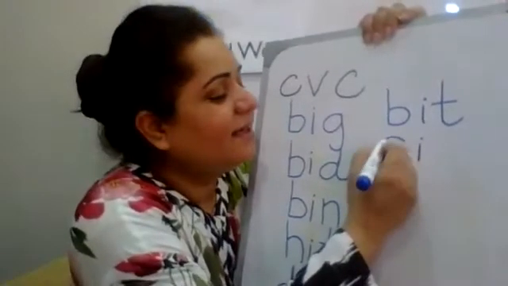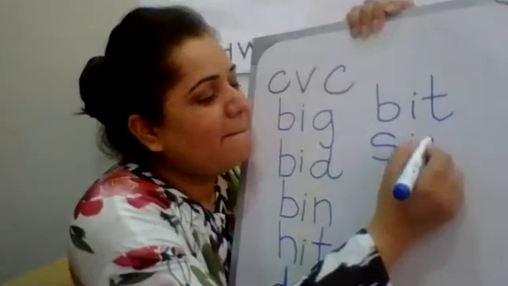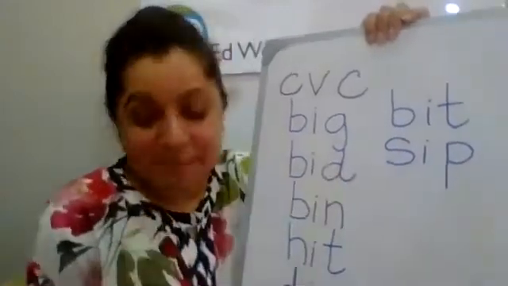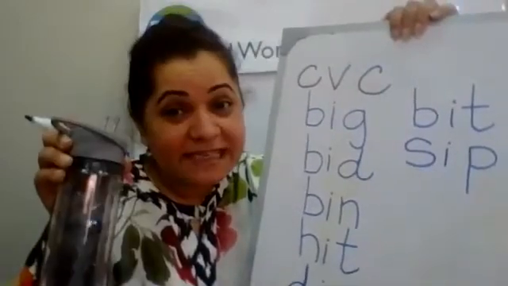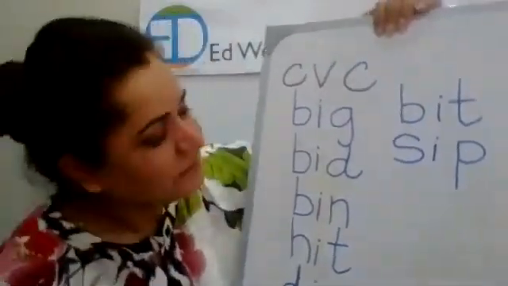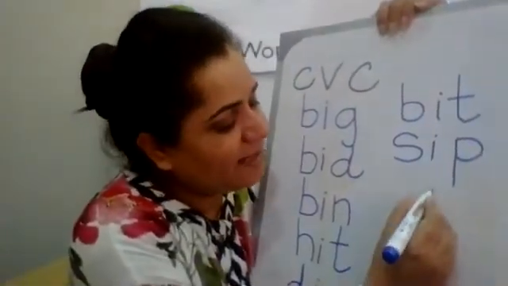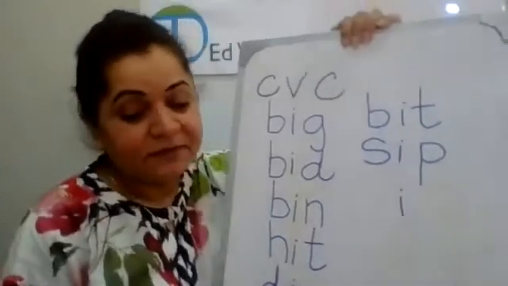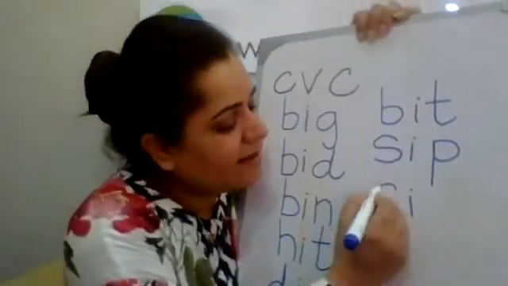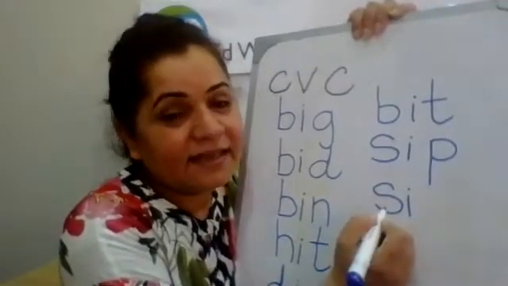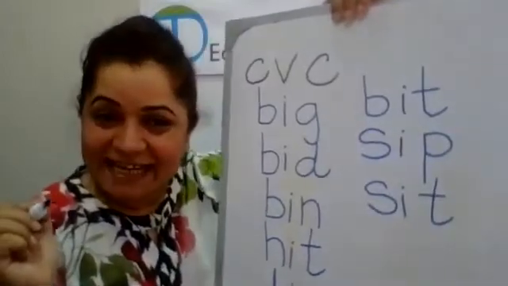Shall I make? S, I, P, sip. Yeah, I just got that. Sip. That's good. See, I got the word. Another one we're going to make. S-I-T. Sit.